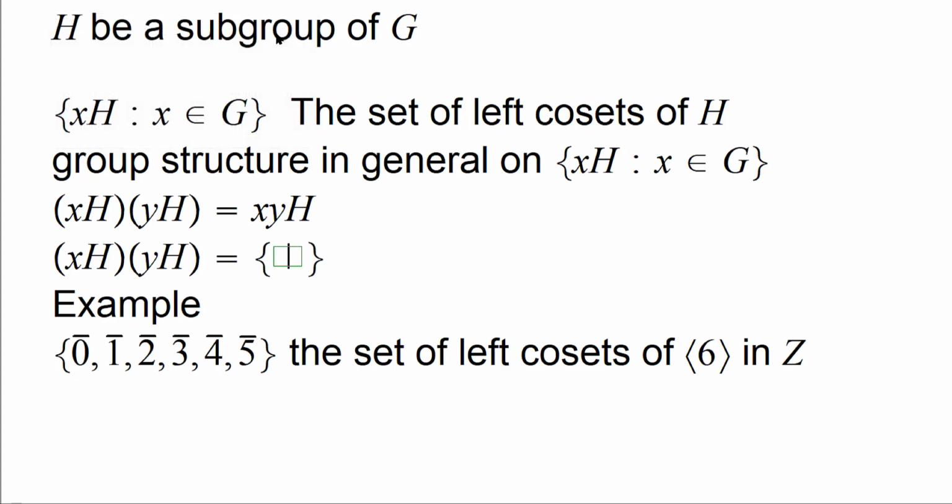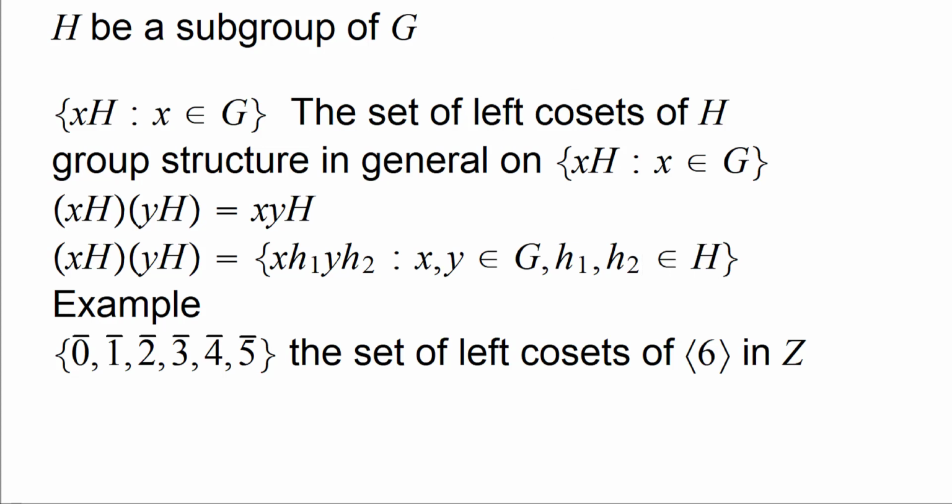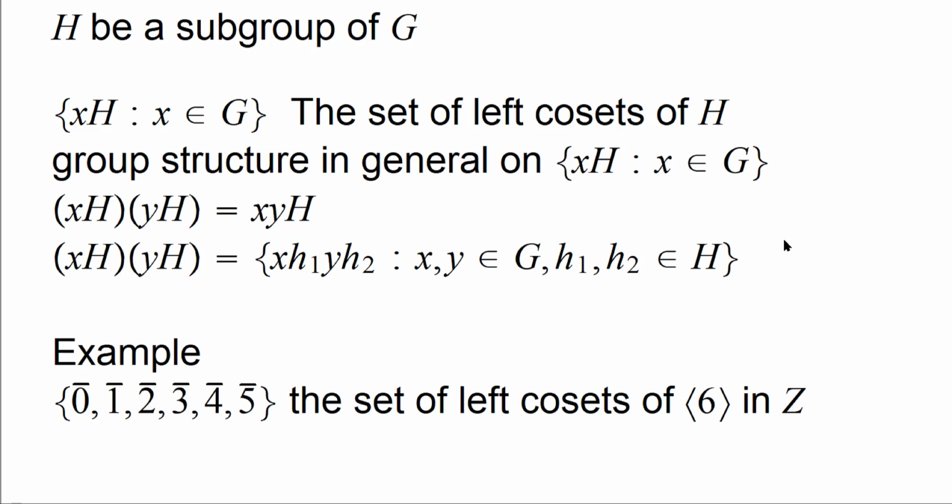I hope I don't make any thoughtless mistake. It is of this type, where X and Y are in G, and we are taking h1, h2, of course they are in G, but specifically they have to be in H. And this is just a typical left coset of H in G by XY. Sorry about that stammer.